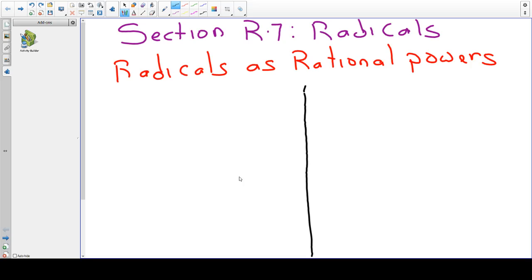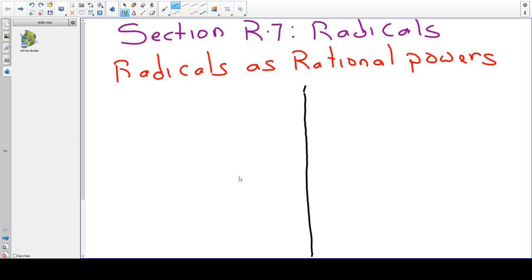Alright, this is the first of a series of videos I'm making about the second half of section R7. Section R7 deals with radicals. In the first half of R7, we've seen what a radical is, we've seen how to simplify radicals.